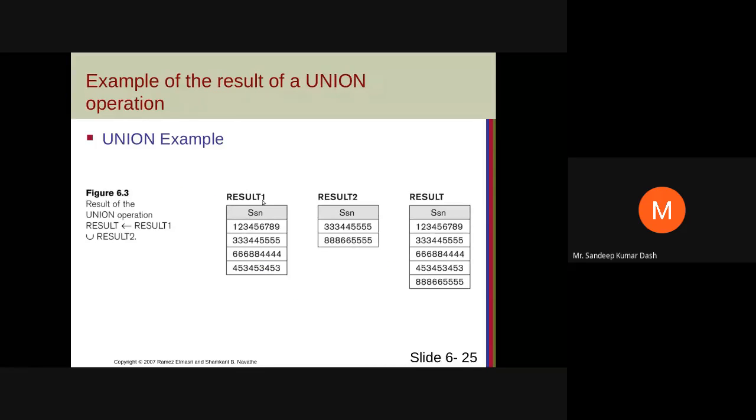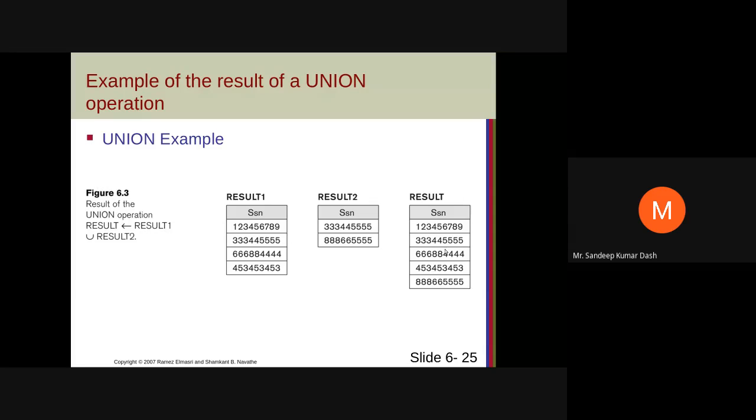You see here, result 1 had 4 rows. Result 2 had 2 rows. And you combine, it should have 6 rows. But here there are only 5. Why? Because it eliminates the common row. Common row is this one. So 1 2 3 4 5.